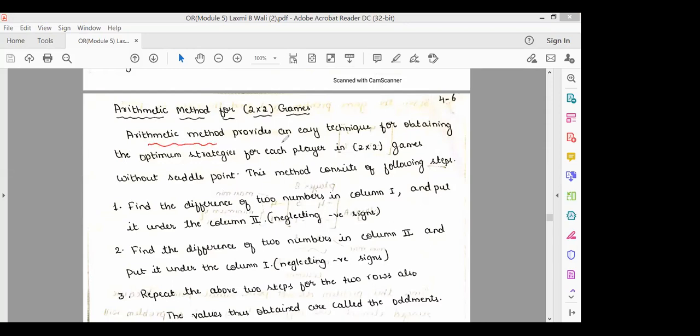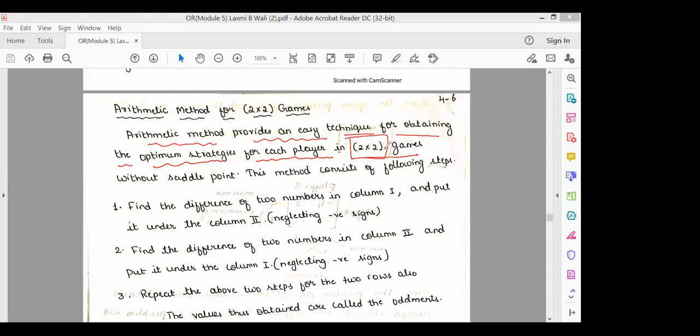Here the arithmetic method provides an easy technique for obtaining the optimum strategies for each player in 2x2 games. We can use this arithmetic method only when we have a payoff matrix of size 2x2. What if the problem has a payoff matrix of a different size? It has to be reduced.